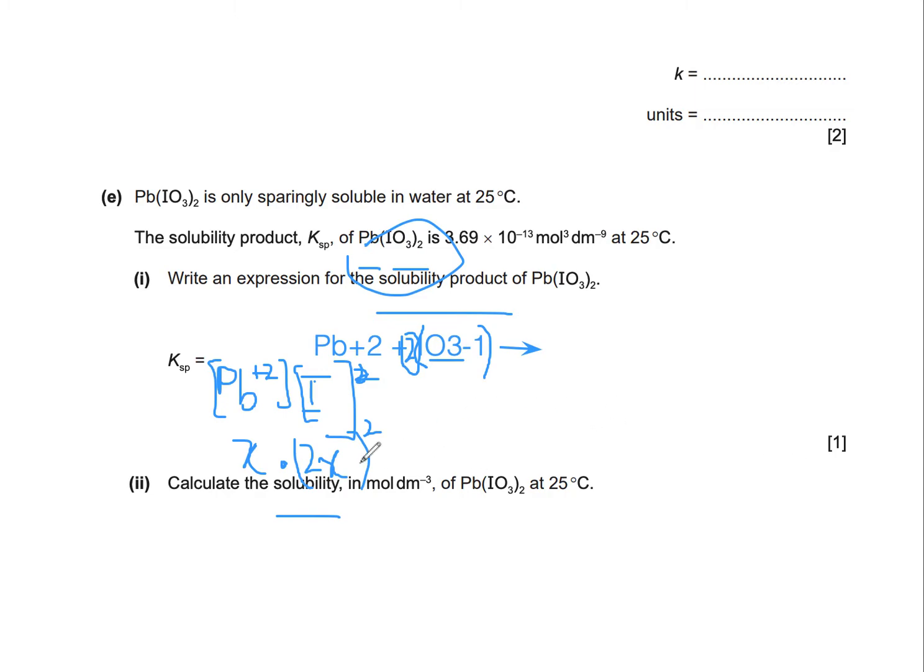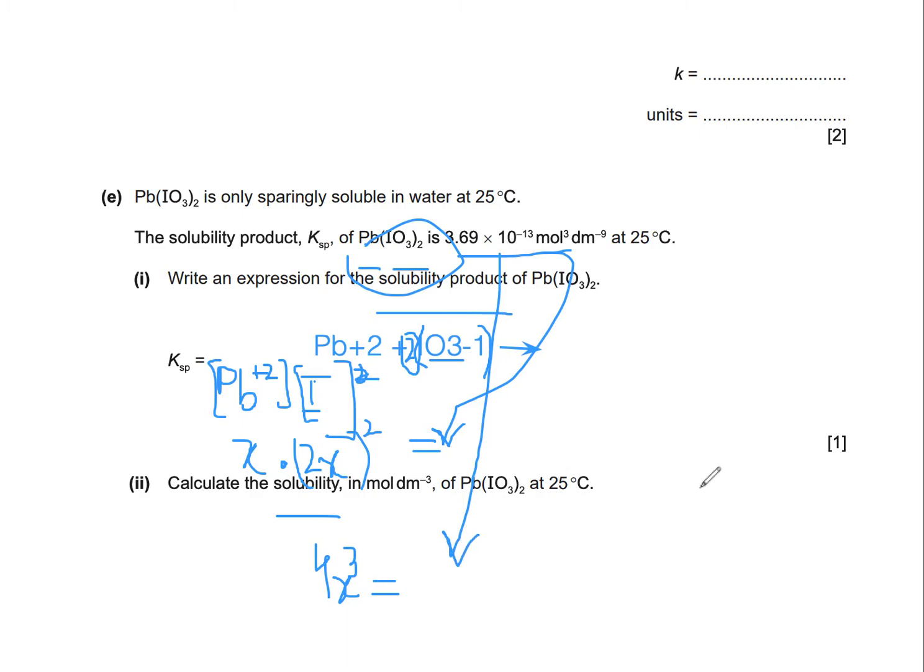Now, what's the solubility product? It's 3.69 into 10 to the power minus 13. So we write this over here. Now when we open these brackets, we get 4x squared. When we multiply 4x squared with an x, we get 4x cube, which is equal to this again.